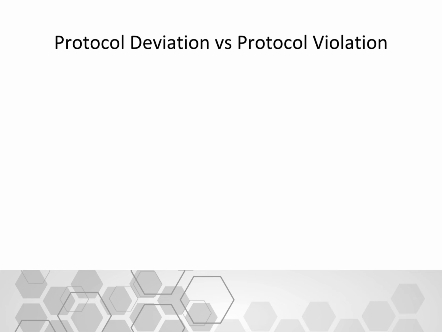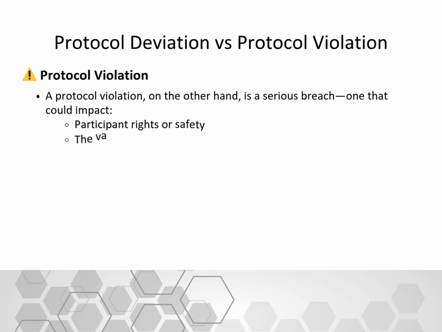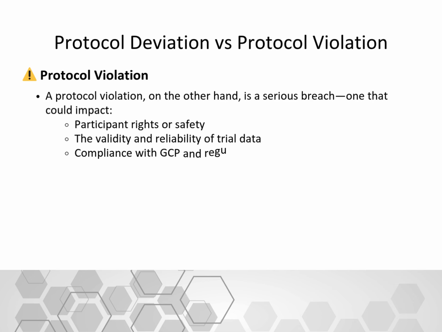What about protocol violation? A protocol violation, on the other hand, is a serious breach, one that could impact participant rights or safety, the validity and reliability of trial data, compliance with GCP and regulatory requirements.